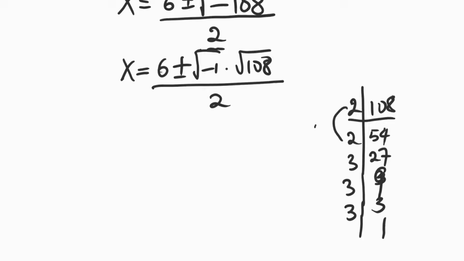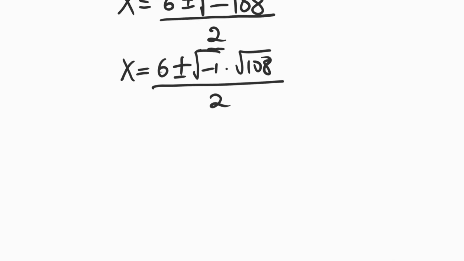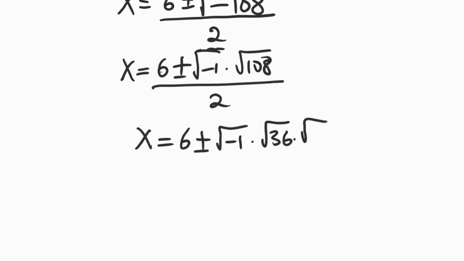So now we have 2 times 2, which is 4, and 3 times 3 times 3, so 4 times 27. Sorry, we have 4, and 3 times 3 gives 9. So 9 times 4 is 36, and we have just 3. So 36 and 3 will do the trick for us. So we have x is equal to 6 plus or minus square root of minus 1, square root of 36 times square root of 3, all divided by 2.